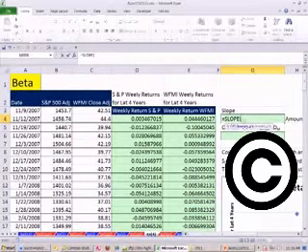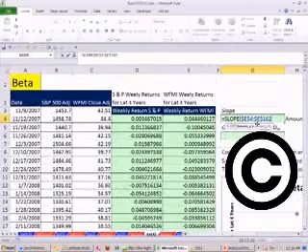Now it's asking for known y's and known x's. So our y's are our Whole Foods market. Remember, this is our predicted variable. This is the predictor variable. So as the predictor variable moves, what does the predicted variable do? I'm going to take my y's first, Control-Shift down arrow, F4 to lock it.